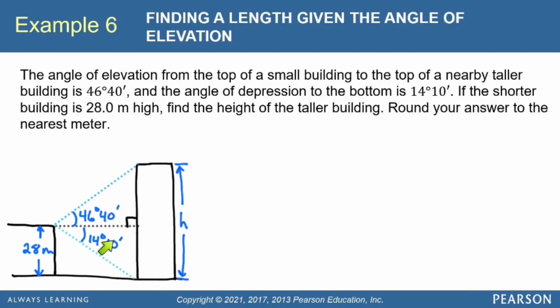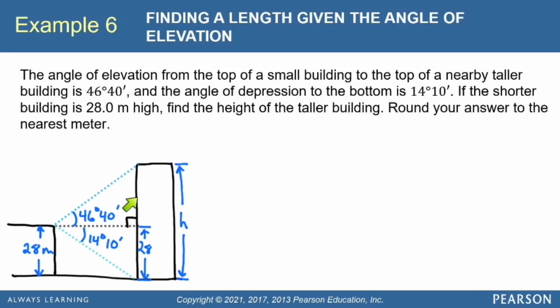So notice that we have two right triangles here. And we do know the length of the vertical side of the bottom triangle because we know the height of this shorter building. So we know that the vertical side of this bottom triangle will be 28 meters. Now if we knew the length of the vertical side for the top triangle, we could add 28 plus this other length, and that would give us the total height, which is what we're interested in.